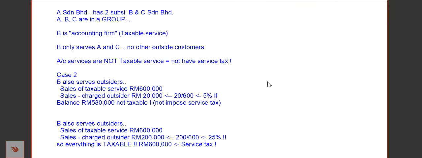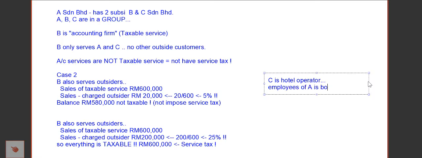If you're not in group G, then you still have to impose service tax. Let me give you an example. Let's say C is a hotel operator, and the employees of A are booking rooms with C. Will this be considered non-taxable?